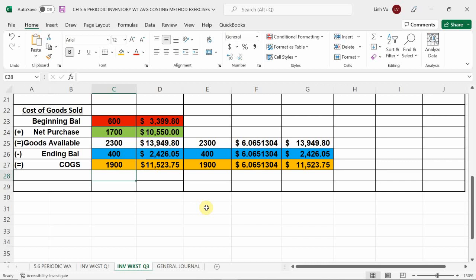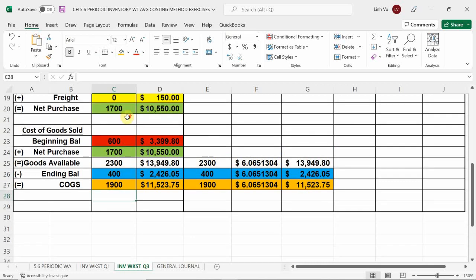All right, so any questions? Once again, this is probably the easiest costing method, right? Because we don't have to worry about which batch came first, which batch came last. All we care about is adding them all up together and finding an average cost and calculating it from there. So it's straightforward, much easier.